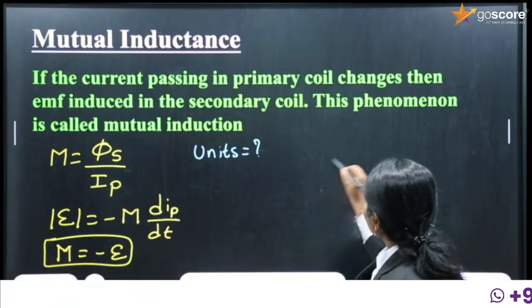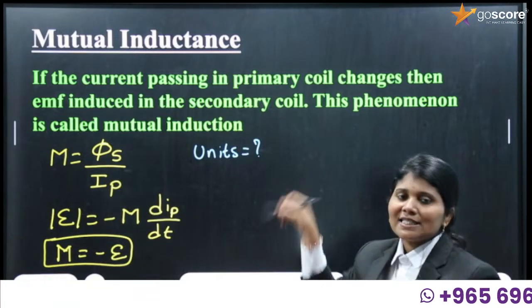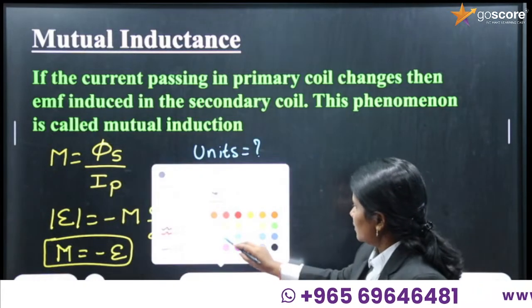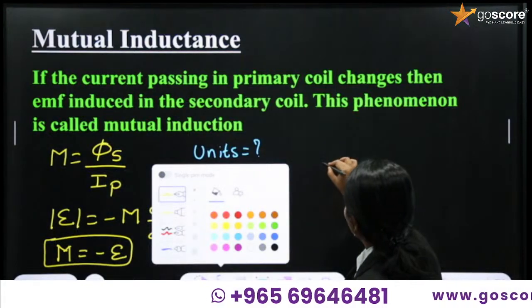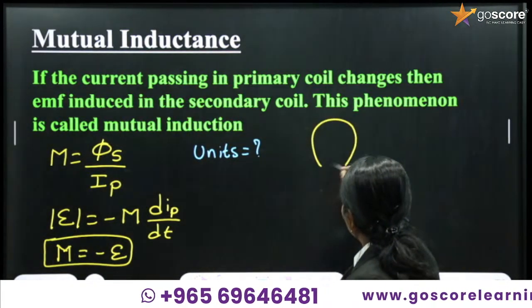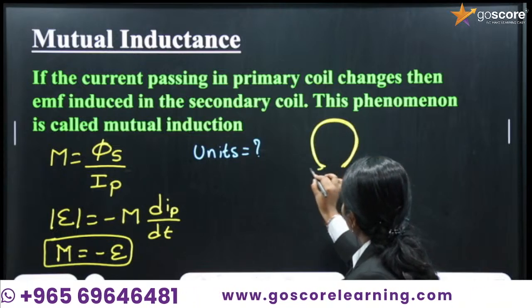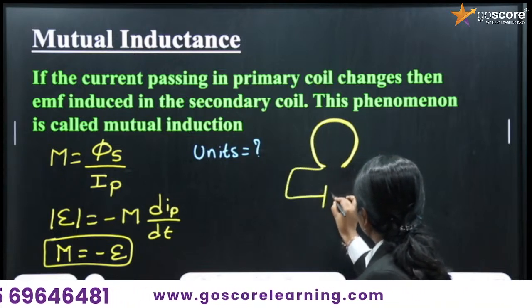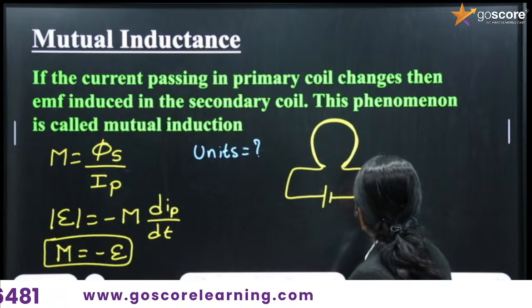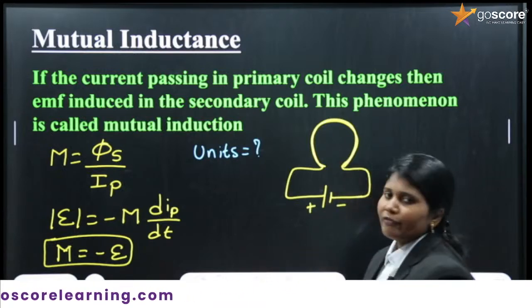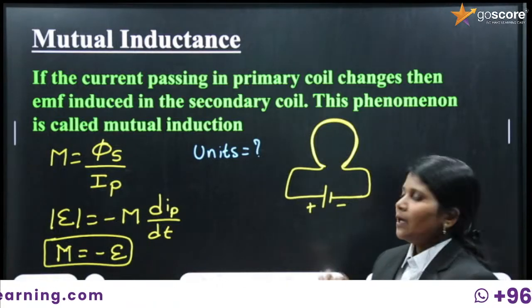Now I am taking two coils, each having n number of turns. The first coil is connected with the battery.